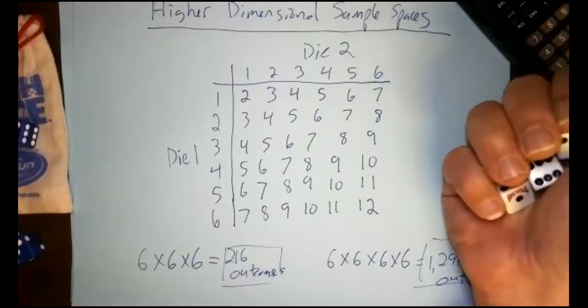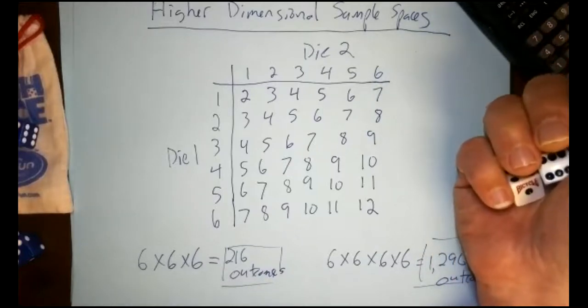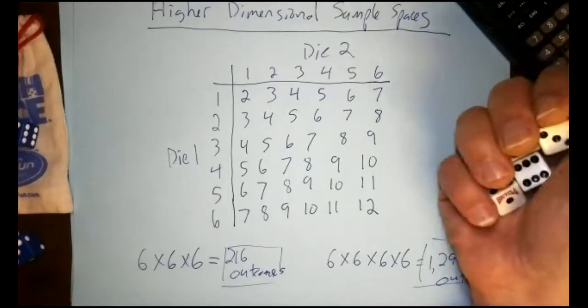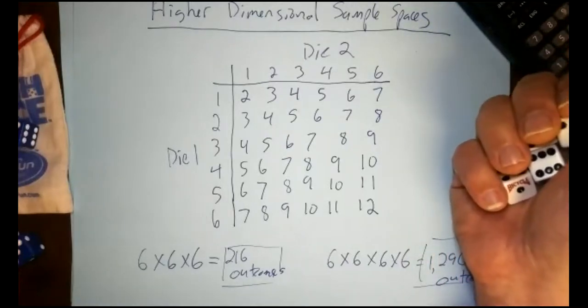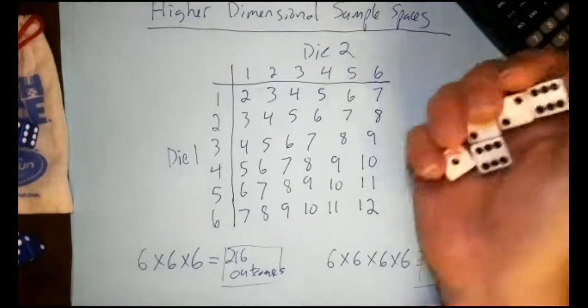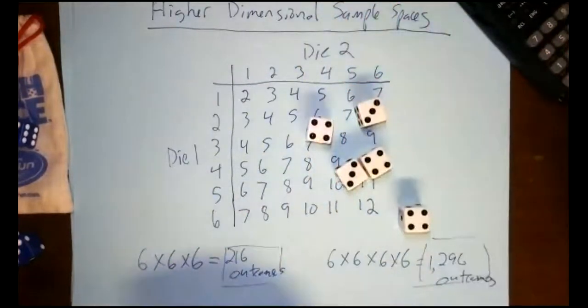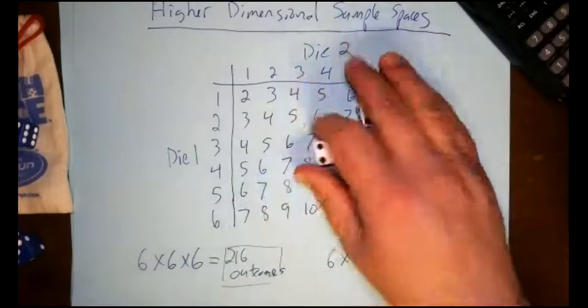So you can see why probability is a very interesting branch of mathematics and why it can get very complicated. You don't have to know any of this. It's just for you to see how higher dimensions play a role in mathematics.